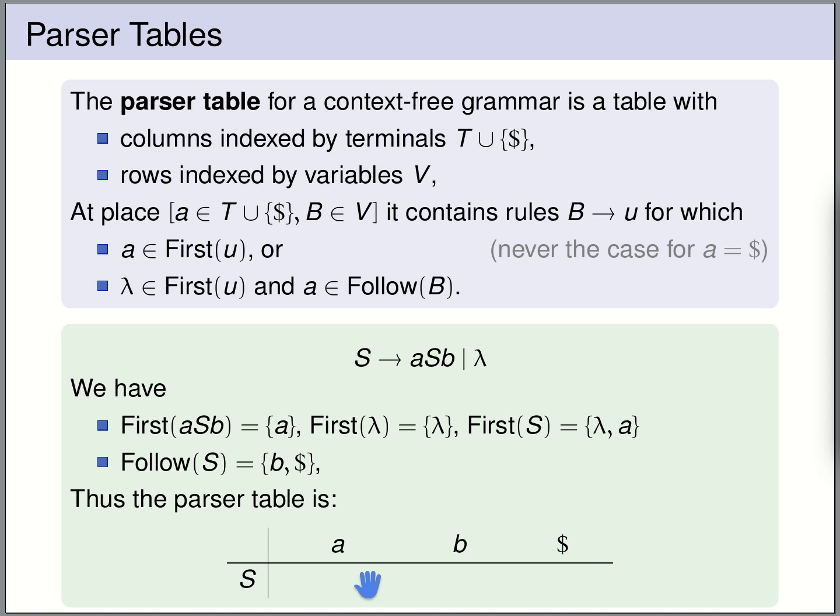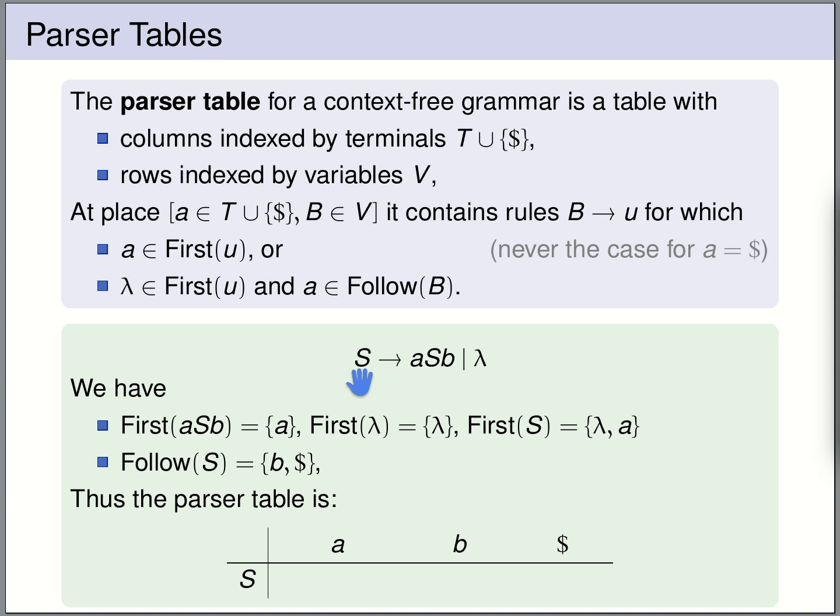So now let's apply this to this grammar here. We are looking at this cell first. It's indexed by the terminal letter A and the variable S. We have two rules that we have to consider. First, we have the rule S rewrites to ASB.